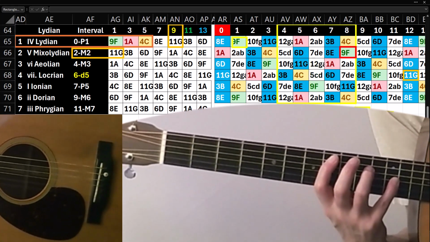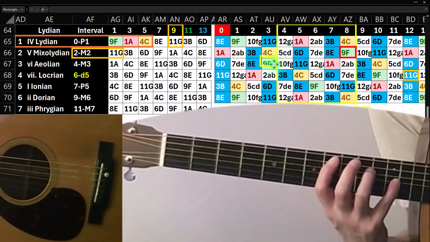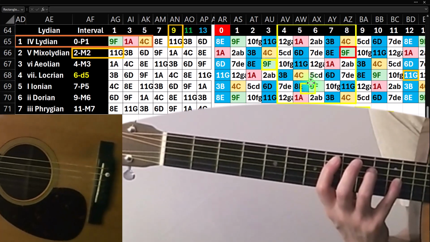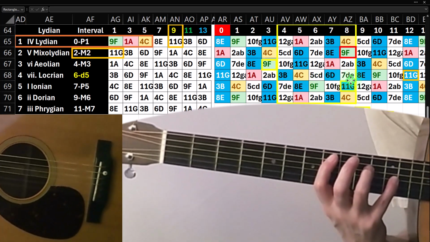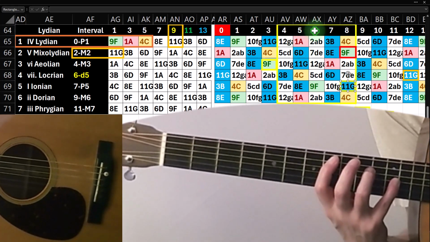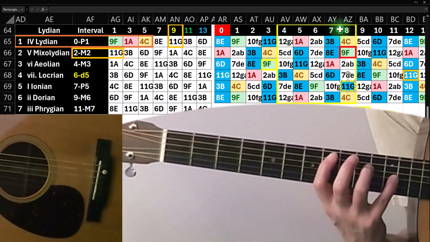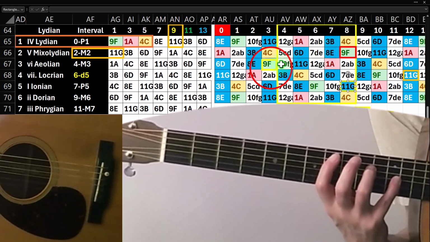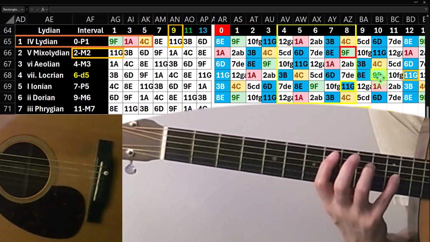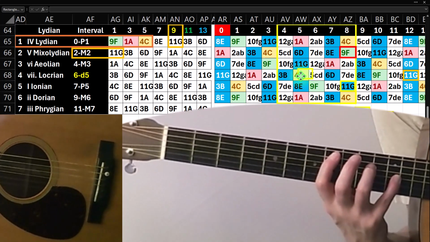But if I was on this F instead, it would be 1, 2, 3, 4, 5 frets forward.